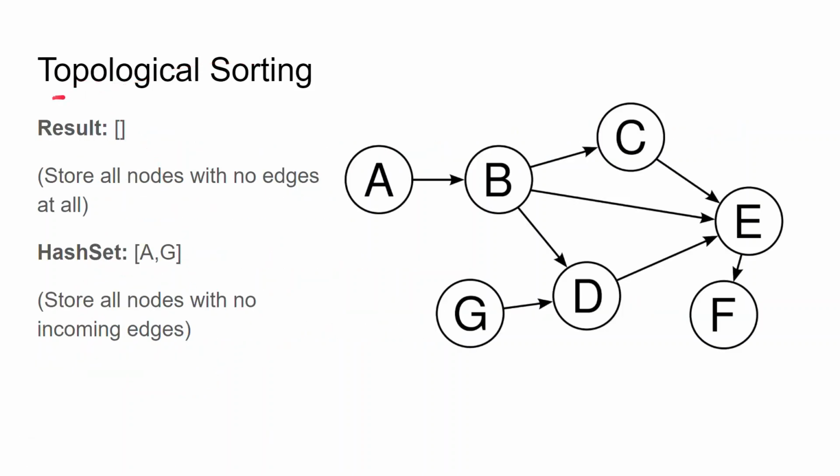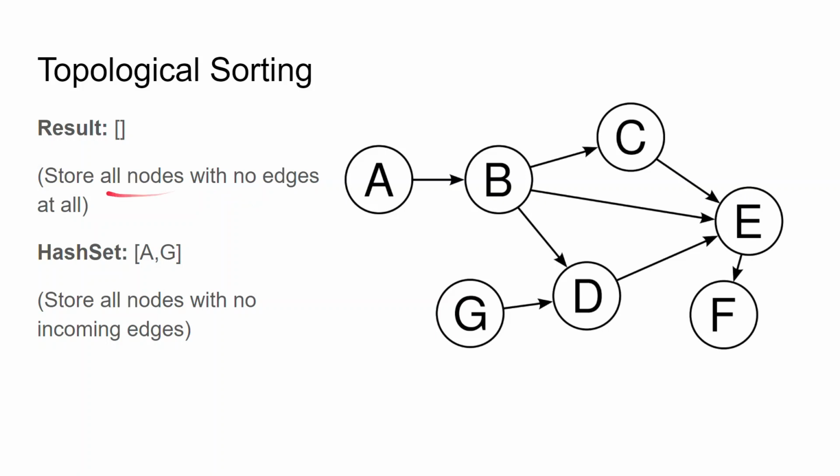So the goal is that we have a topological sort, and here you can see we're doing an example, right? Here we have a result list that stores all the nodes with no edges at all, and at the end we just return this result list because this is the sorted graph, right? So here we have a hash set. We basically add all the nodes with no incoming edges onto the hash set, so A and G, right?